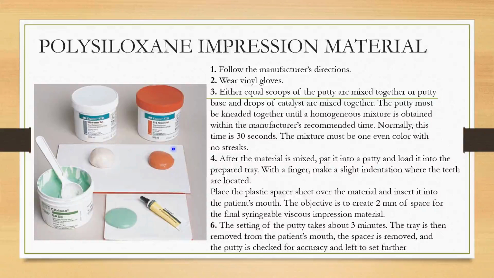When you're mixing it, you have to get equal scoops of the putty and mix them together. It has to be the same amount, the same size. Or sometimes the putty comes with the catalyst in a syringe. It depends on the type that you bought from the shops. So you just have to be familiar with it and follow the manufacturer's instructions.